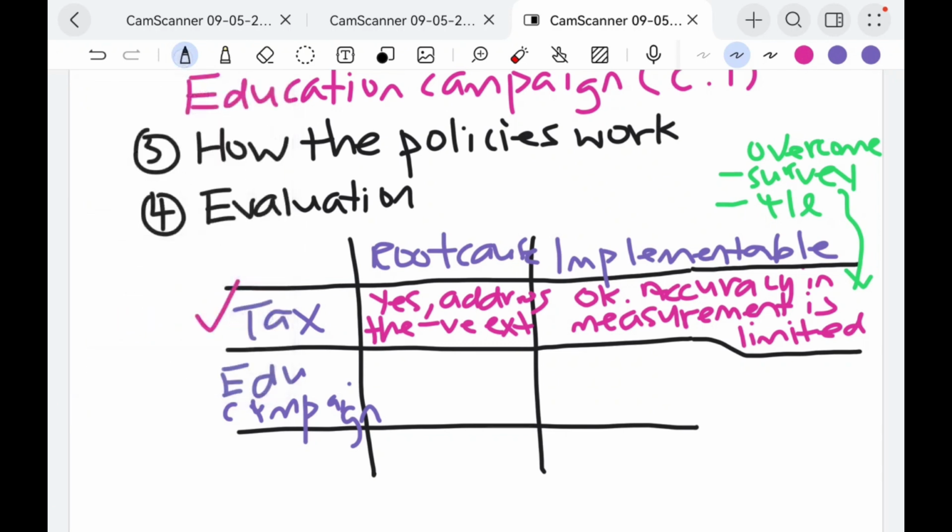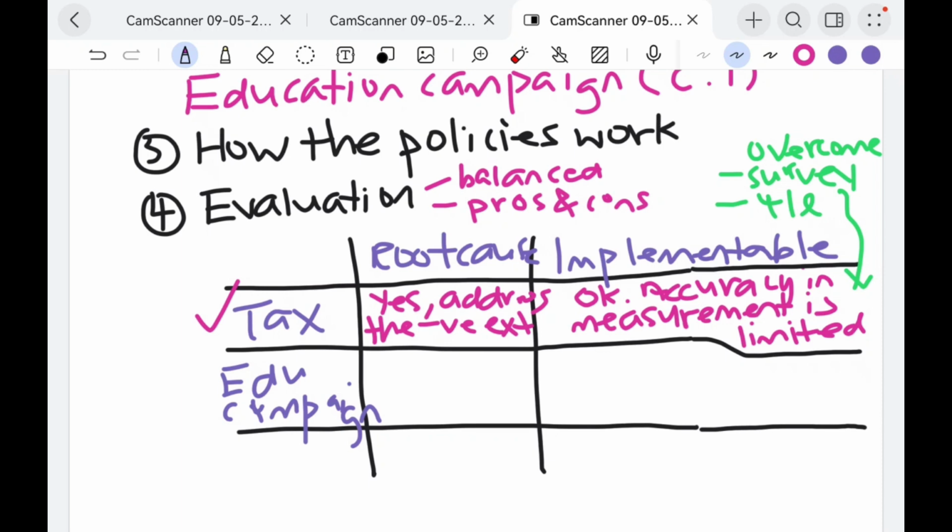But in either case, you are giving a balanced eval because you acknowledge that the policy has pros and cons. This is the most important part in evaluation. Make sure your eval is balanced. Talk about pros and cons.